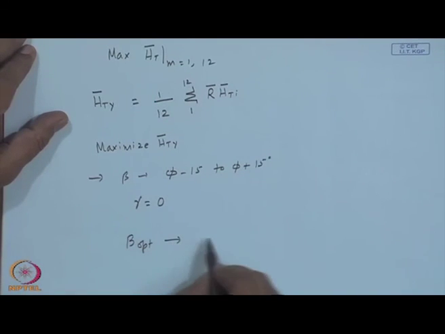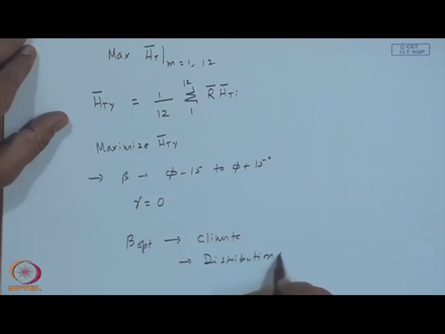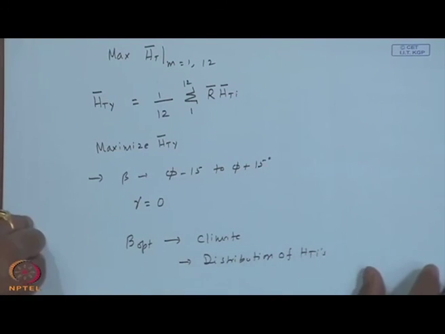upon the climate, meaning thereby the distribution of HT bar. That means, it is not essential that June has the maximum solar radiation.